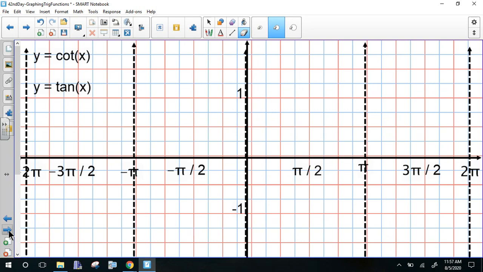And that's what you would have left. For cotangent, notice that the vertical asymptotes shift to be at every pi value. So at 0, at negative pi, positive pi, negative 2 pi, positive 2 pi, there's a vertical asymptote. And the cotangent changes direction. Remember, tangent went this way.